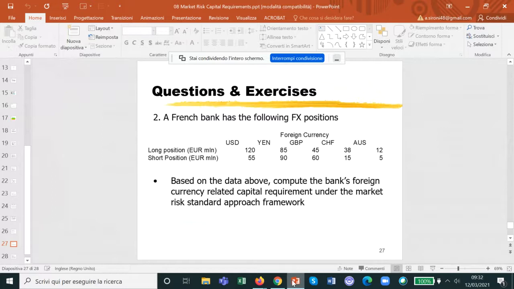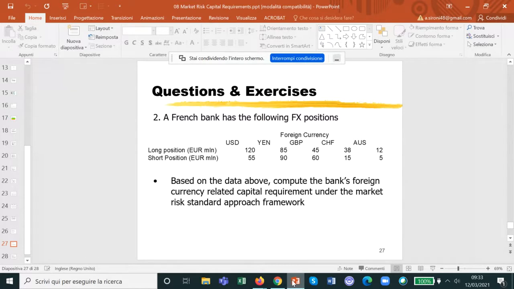A French bank has the following FX positions. Based on the data above, compute the bank's foreign currency related capital requirement under the market risk standard. As you can see, you have US dollar, a net position which is long by 65. Japanese yen, the position is short by 5. British pound, the net position is short by 15.